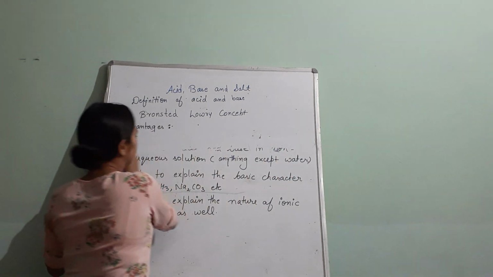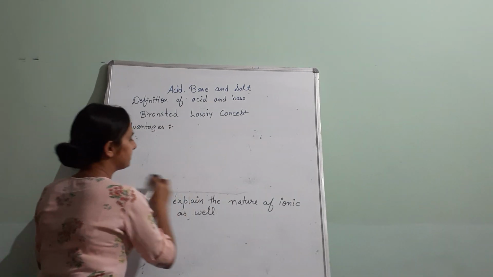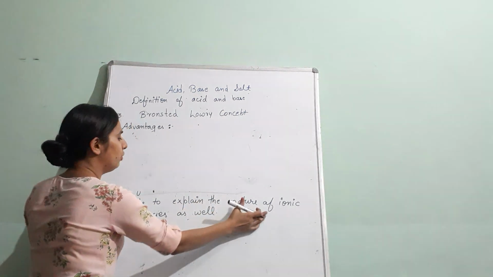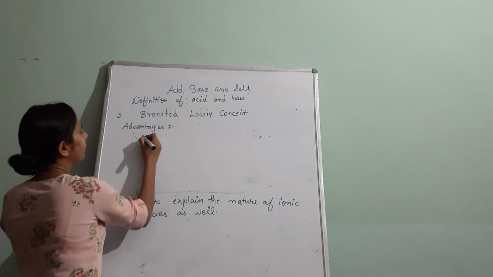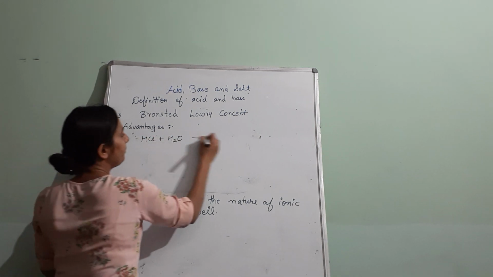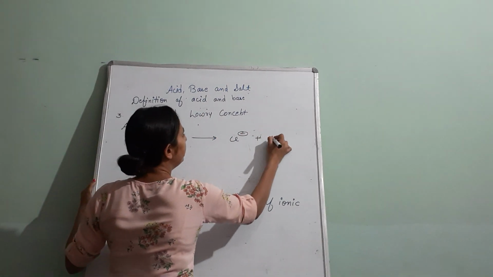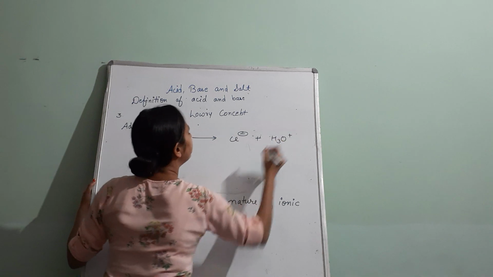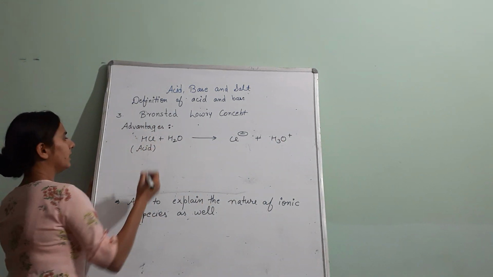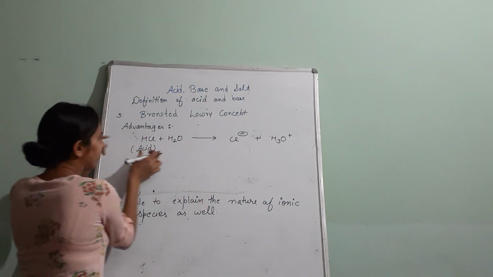Let's discuss one example of the last advantage, that this concept helps to explain the nature, acidic or basic nature, of ionic species as well. Like HCl, when dissolved in water, it forms Cl negative and H3O positive. HCl acts as acid here, whereas अगर हम Cl नेगेटिव को देखें, HCl ने क्या किया?